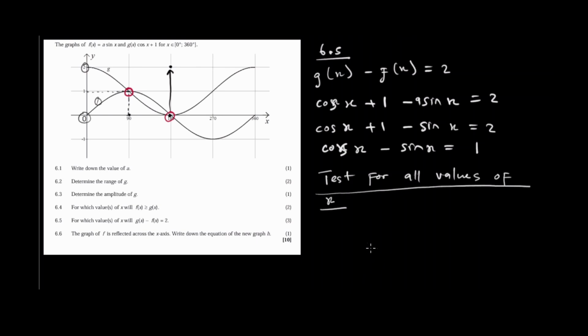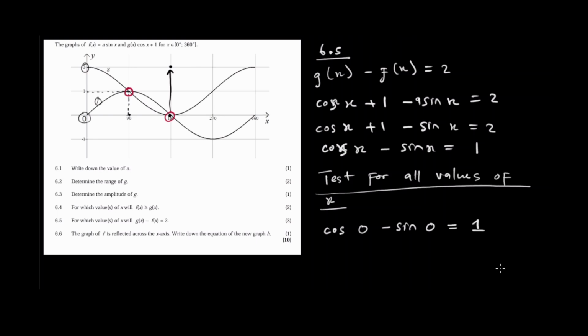So testing for all values of x, you are going to test for 0, for 90, for 180, for 270, for 360. So it's simply going to be testing for 0, cos 0 minus sin 0. Is it equal to 1? If it is equal to 1, that means 0 is actually an answer.